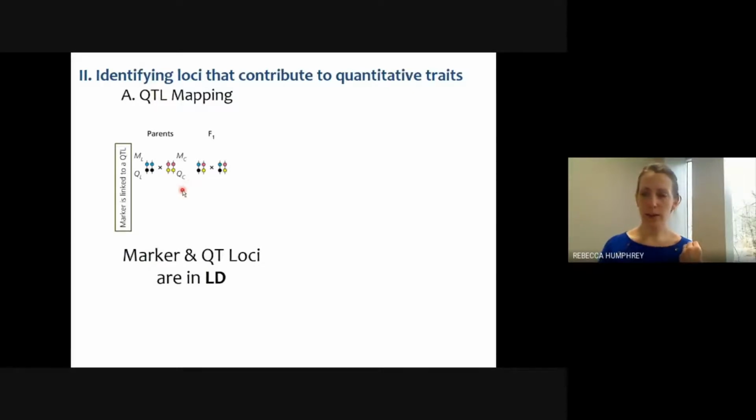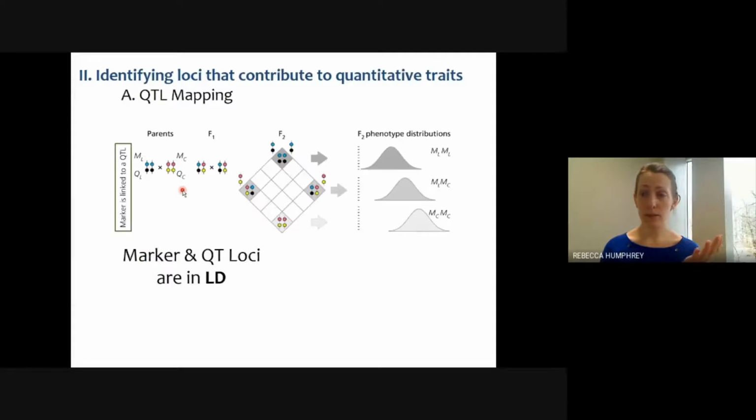All right, so we're going to cross our F1s and get F2s. This is just our process. Now, if these loci, the marker locus and the quantitative trait locus, are linked physically, we are only going to get 3 possible offspring F2 genotypes.